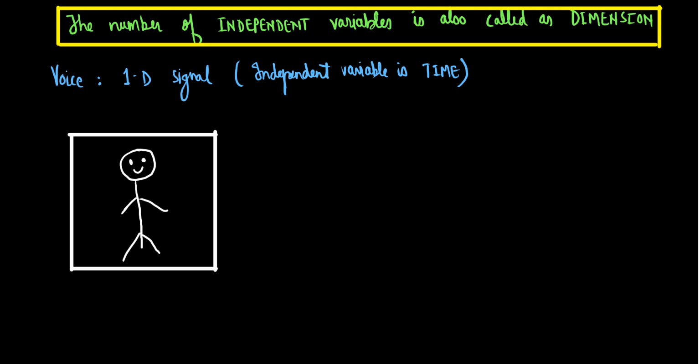If we look at the image, the brightness or the intensity of each and every element of this image varies with respect to the position in this image. For example, the intensity here could be different from the intensity here. Therefore, the intensities of these image elements depend on the locations of those elements.